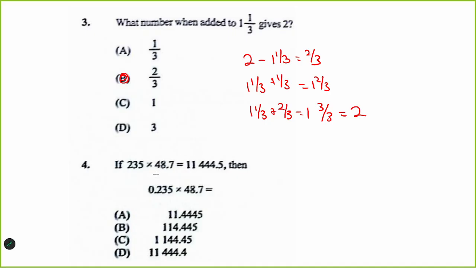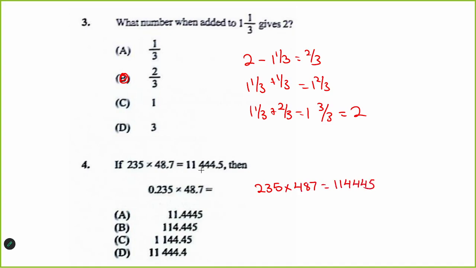This one here is multiplication of decimals. Our rule for multiplication of decimals is when we're multiplying decimals, you remove the decimal point, right? Multiply like normal, and then you shift back the decimal point. So if we look at this, from this we should know that 235 multiplied by 487 would be 114,445.